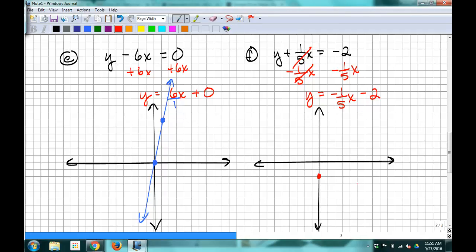Down 1, right 5. I could do that again if I wanted to. And get a nice line that's falling toward the right, down and to the right. It's a negative slope. Not too bad. Pretty easy, right?